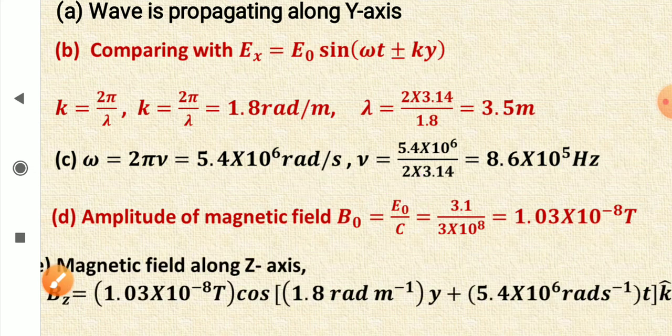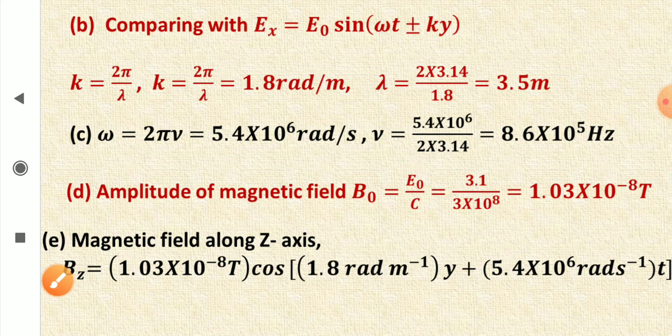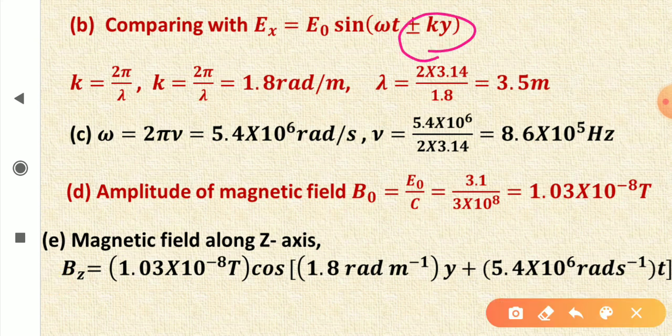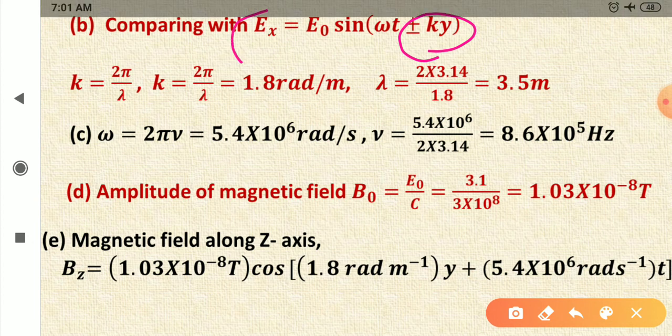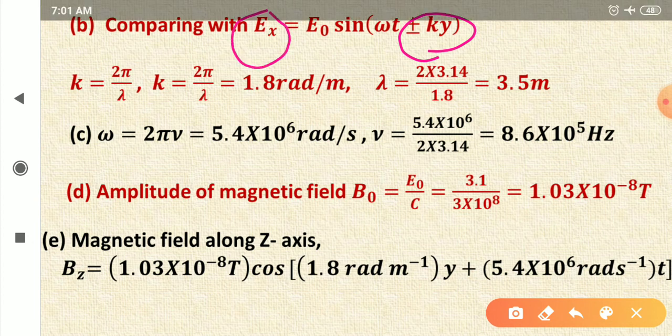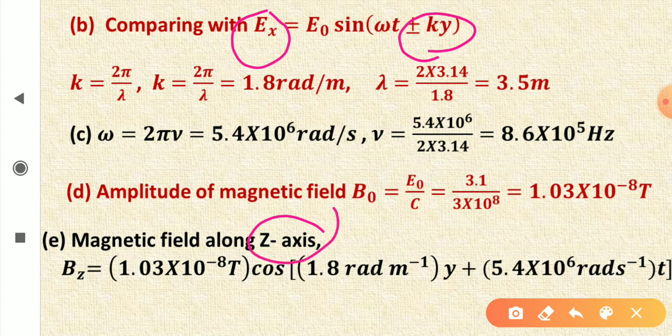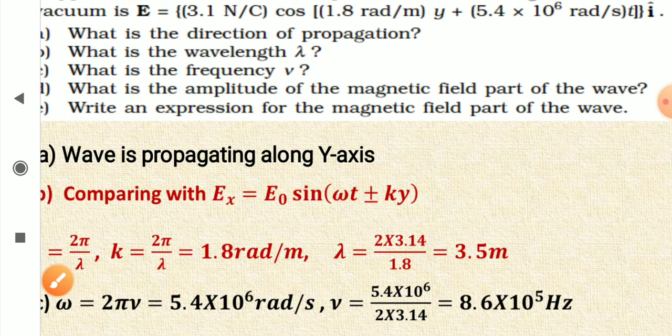And now part E. Since the wave is propagating along the y-axis and the electric field is along the x-axis, the magnetic field will be along the z-axis. All three are mutually perpendicular. So Bz is equal to B naught cos. Now we will just copy this part.